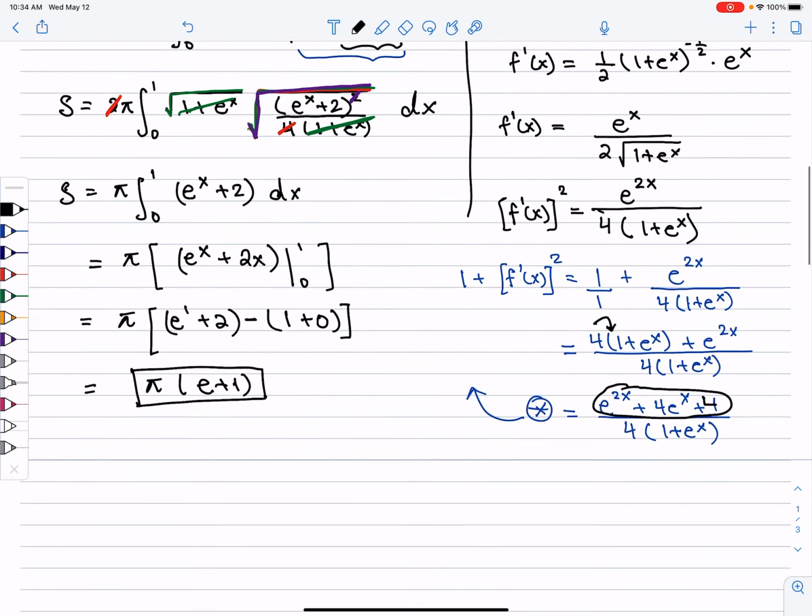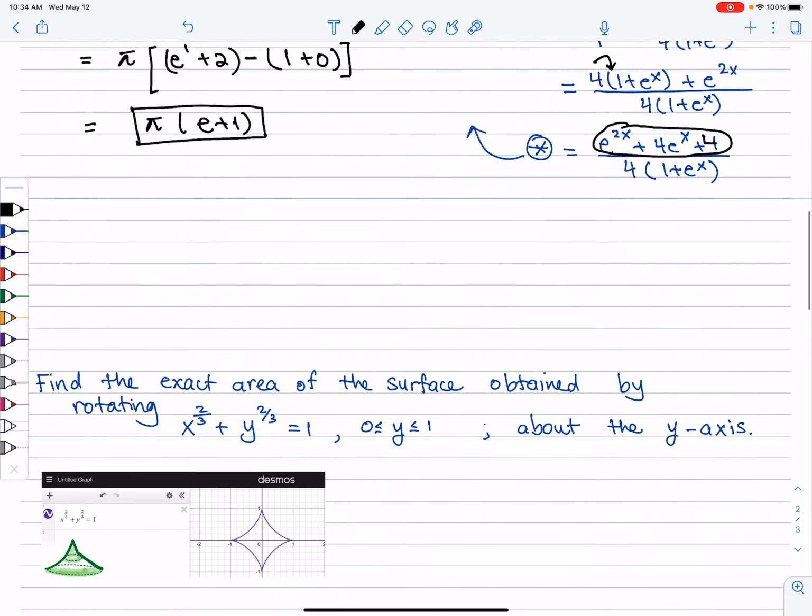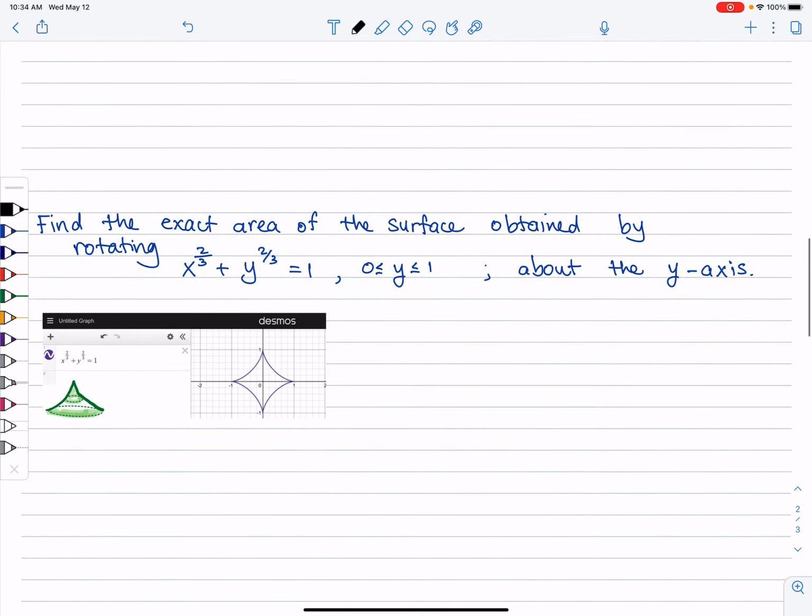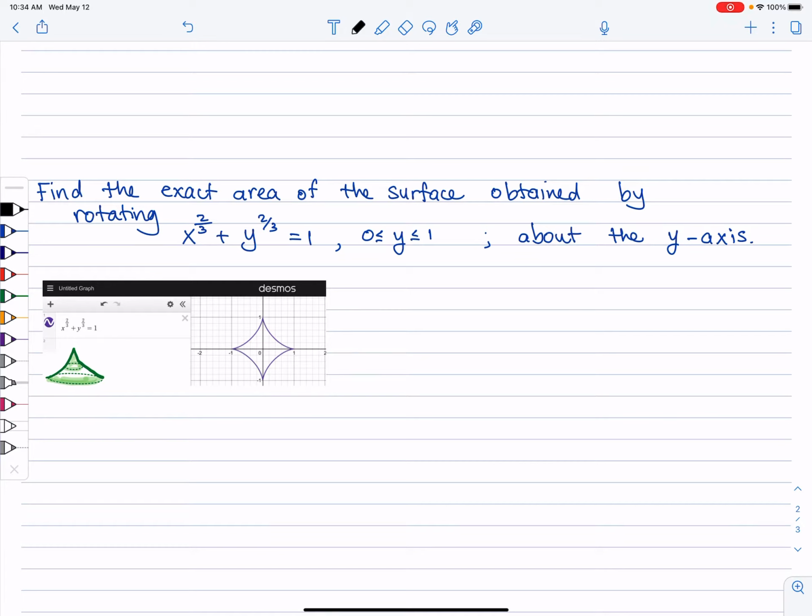I'll attempt to do another example right now. Let's say we have another problem, and in this problem, we want to find the exact area of the surface obtained by rotating this curve about the y-axis, where y is from 0 to 1.